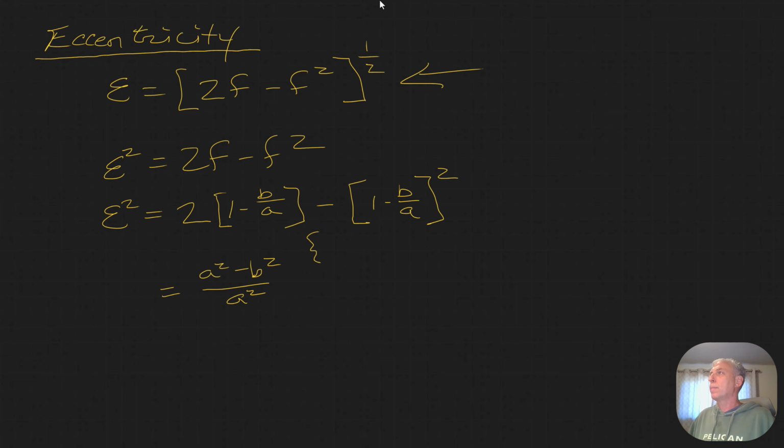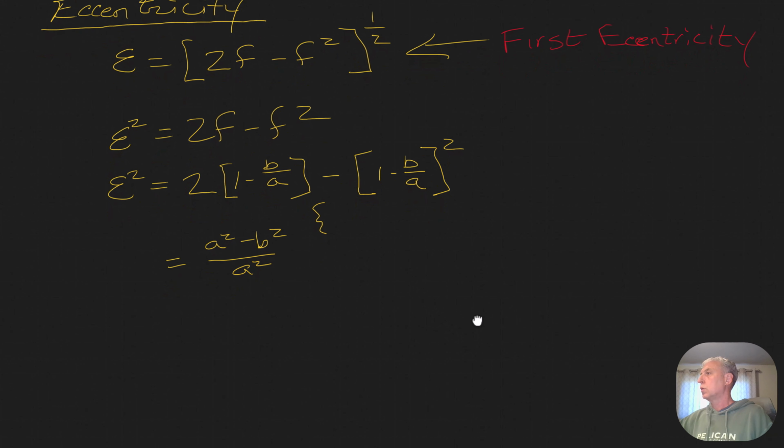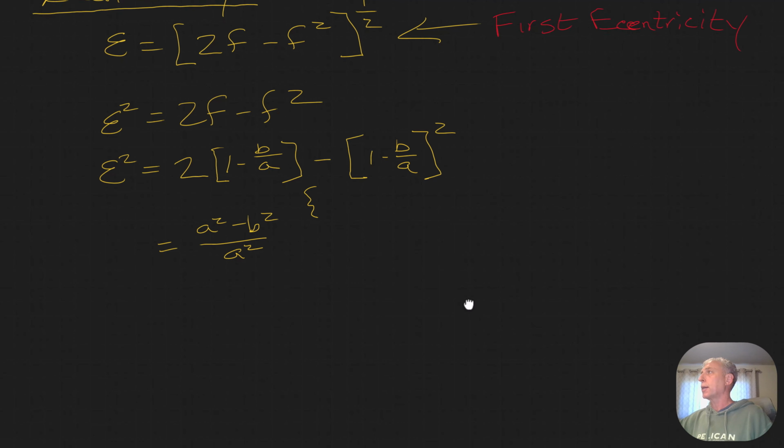And so I should say also this epsilon is often referred to as the first eccentricity, with 2 C's. Which implies that there must be a second eccentricity, and in fact there is. So that second eccentricity is defined in terms of the first eccentricity.